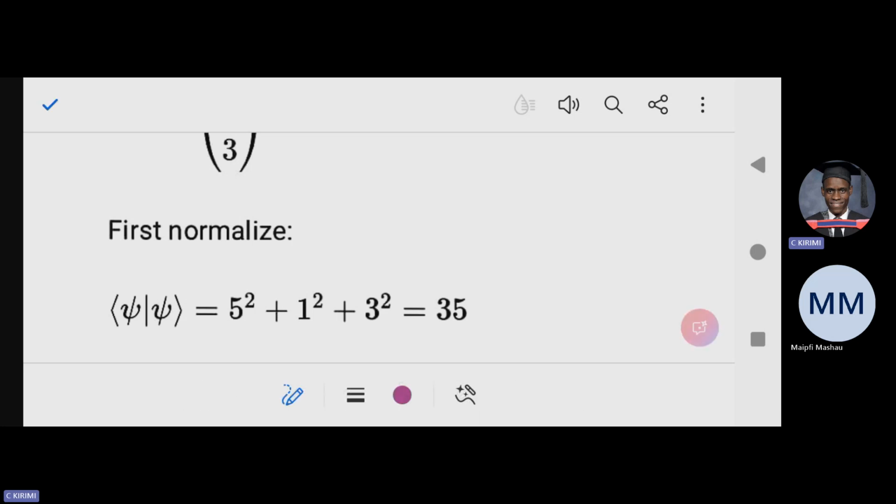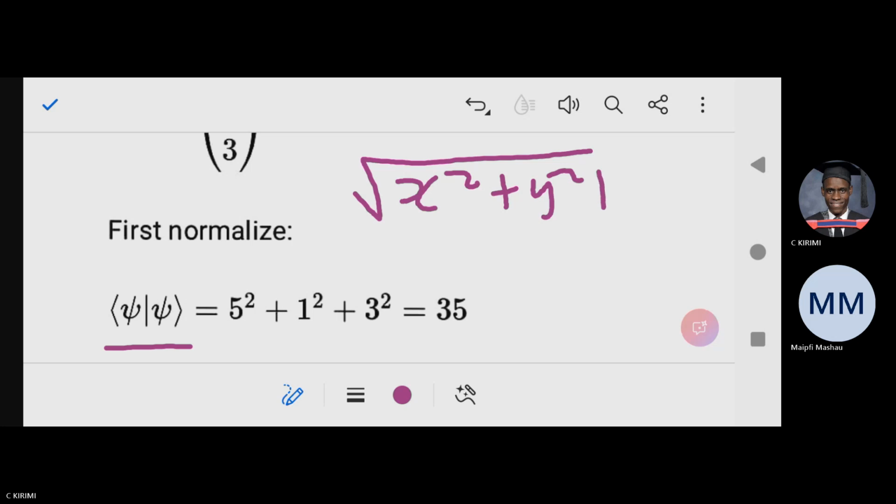So whenever you see this, it's normalization. This just means the square root of the x coordinate squared plus the y coordinate squared plus the z coordinate squared.